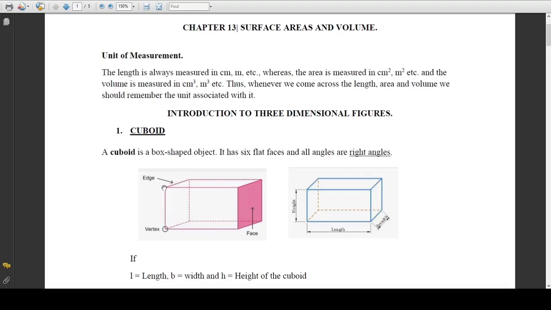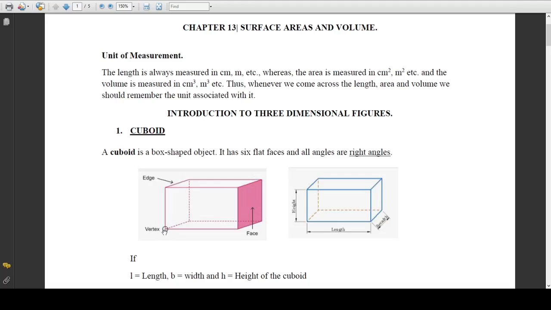This side is also called an edge of a cuboid. Each cuboid has faces. How many faces altogether? 1, 2, 3, 4, 5 and 6. 6 faces we will have.